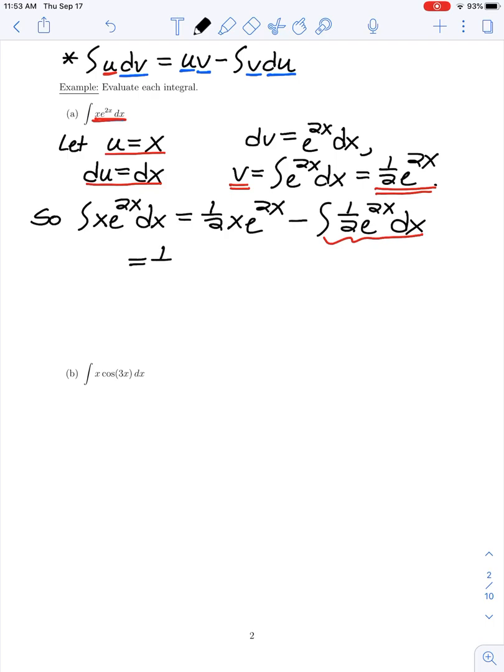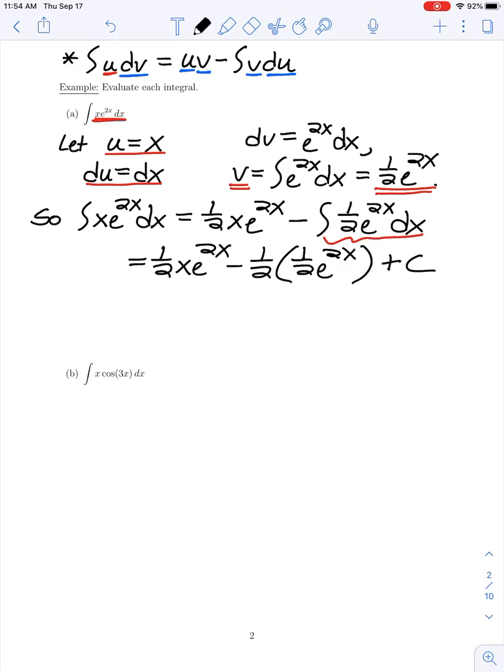So let's see what we have here. We have a 1/2 x e to the 2x minus, okay, well, I had a constant 1/2, and then the antiderivative of e to the 2x is 1/2 e to the 2x. And at this stage, I've evaluated all of the integrals within my integration by parts formula, so I can include the plus c, the arbitrary constant of integration.